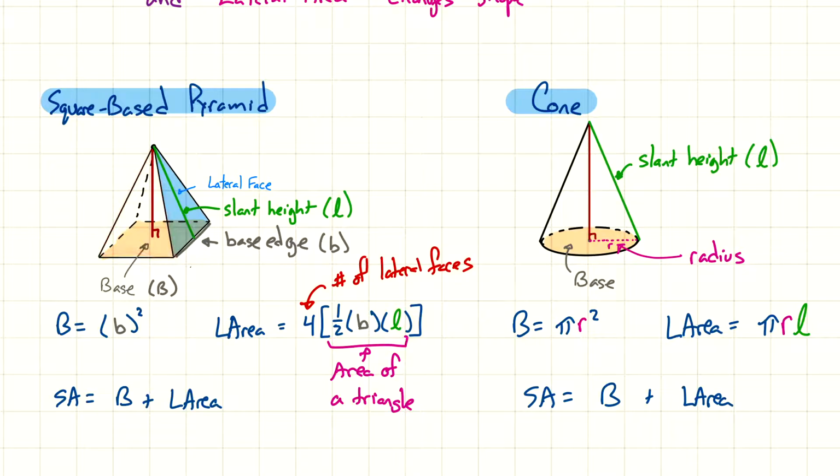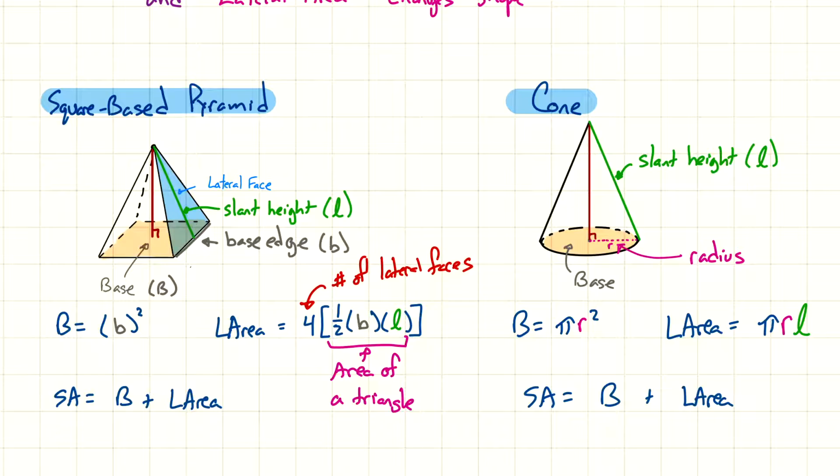There's 4 triangles that go around this whole pyramid. All right, so if this happens to be like a hexagon base pyramid, then that number would change to a 6. So this is not always going to be a 4, but it will be a 4 if it's always a square base pyramid. All right, and then surface area is just adding these two together. So once you've calculated these two, all you have to do is add them together, and that's your total surface area.